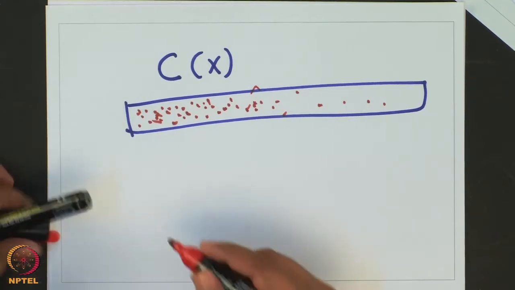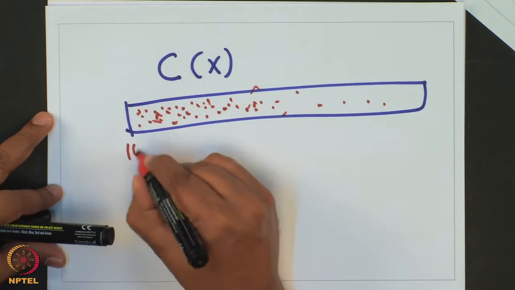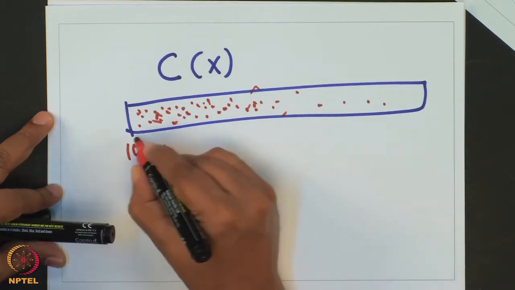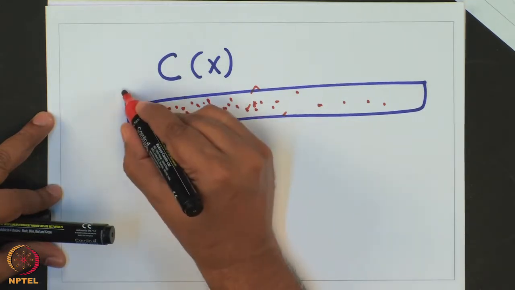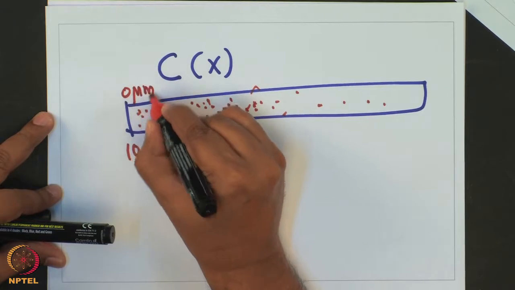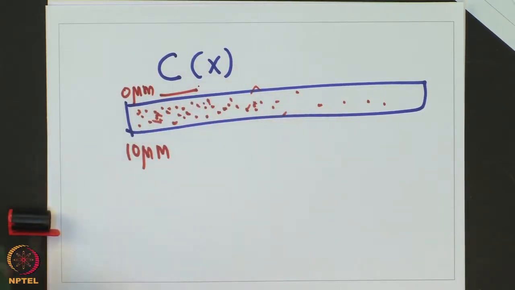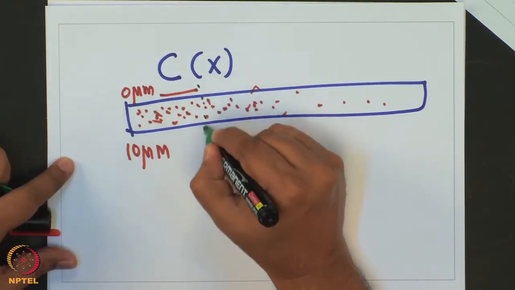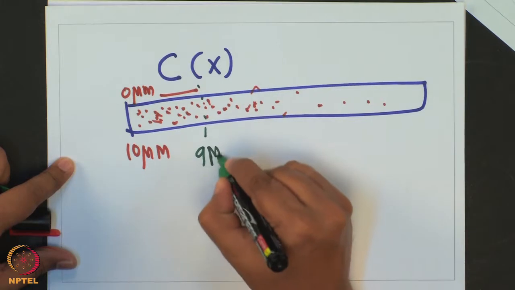Now, this is 10 micromolar here, and let us say I go by 1 micrometer, and this is 0 micrometer, the distance. As I go 1 micrometer, as I move here, the concentration is 9 micromolar.